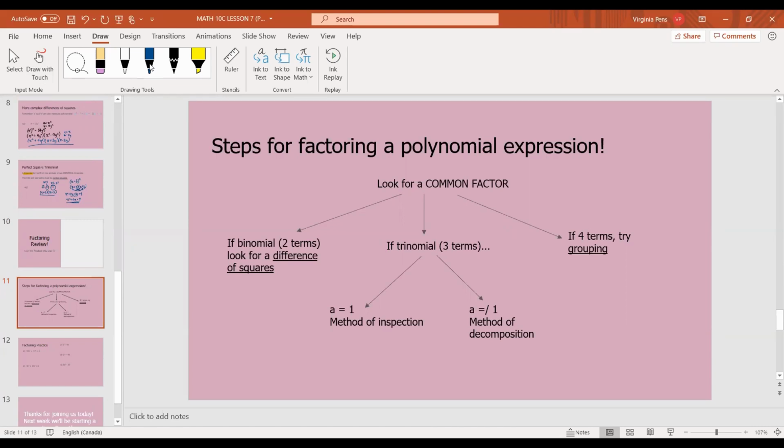And then after you've decomposed the b value, you want to group it. So that's how you factor those. And if it has 4 terms, then you can just do grouping right away. If it doesn't work while grouping, like if the values aren't the same, then you know that expression can't be factored, so you just leave it. And that's it.